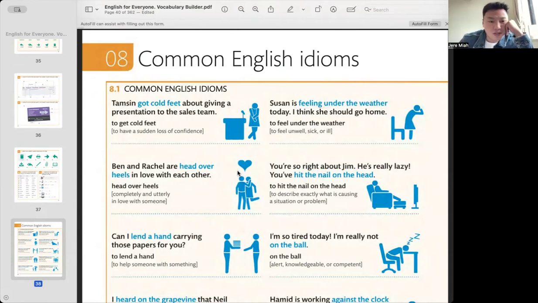Okay, so next one is Ben and Rachel. Ben and Rachel are head over heels in love with each other. Nice one. Head over heels means they're deeply in love or very excited about each other.